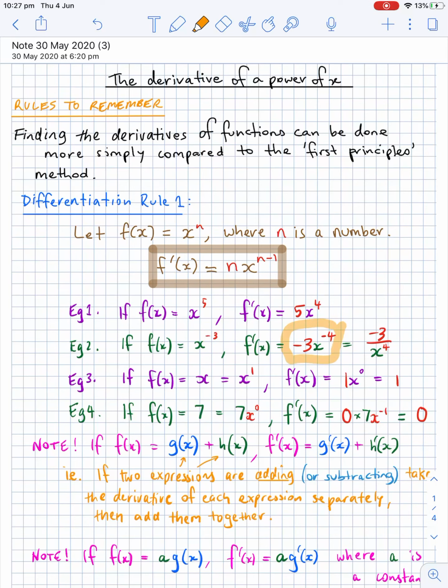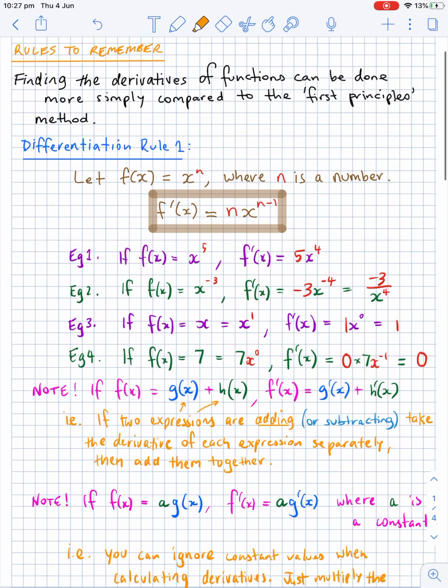We do like to simplify negative powers, so the x gets pushed down to the bottom with a positive power of 4. The negative 3 isn't affected by the negative 4 power, so that negative 3 is going to stay up the top.